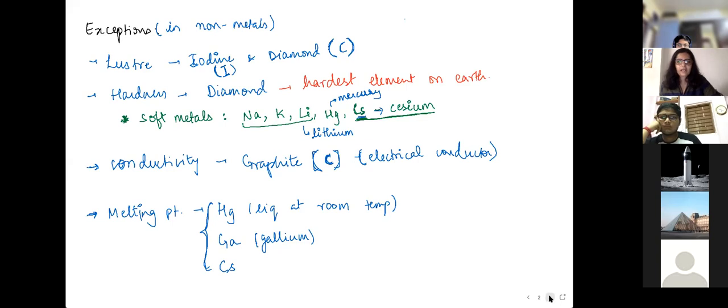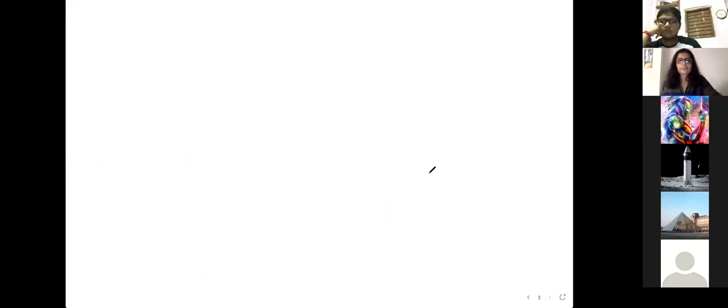Before we get to the chemical properties, I want to discuss the fundamental difference of how metals are different from non-metals. Where is the difference coming from? Why do metals have luster, sonorous, malleability, all of that, but non-metals don't?